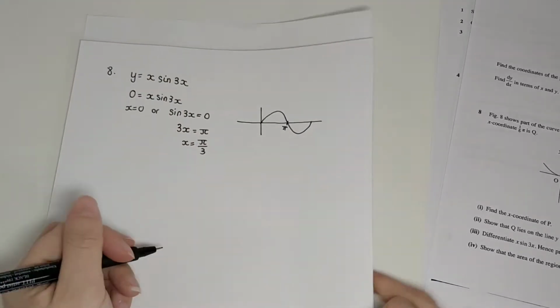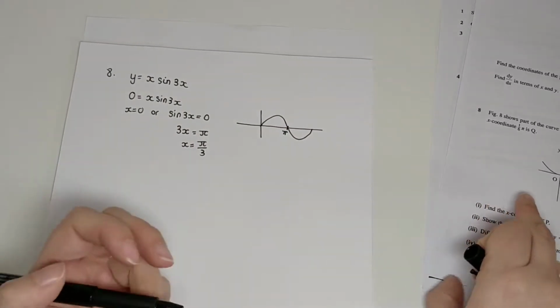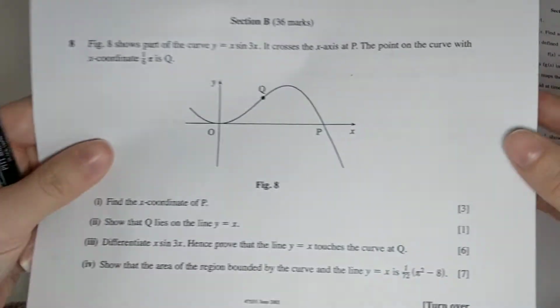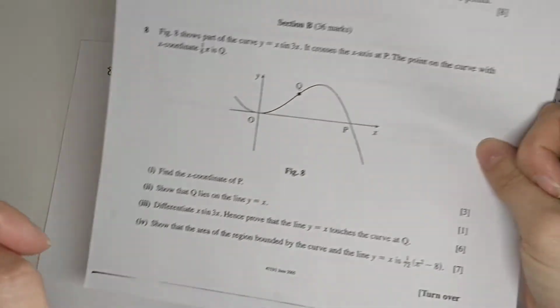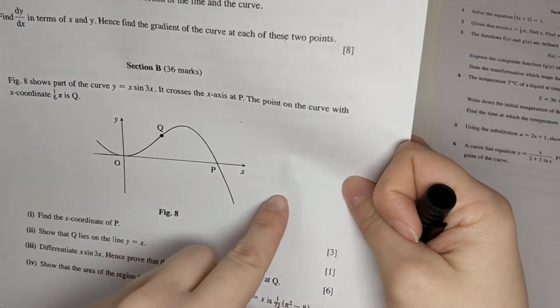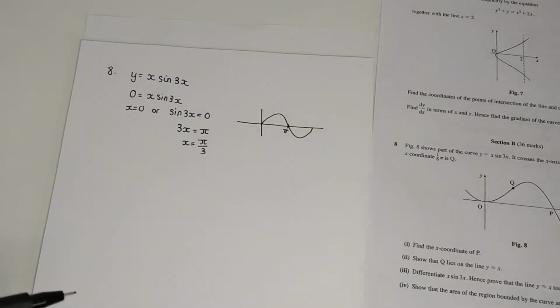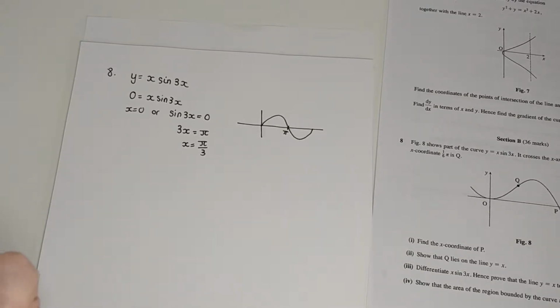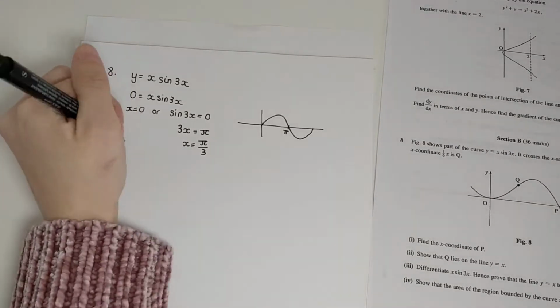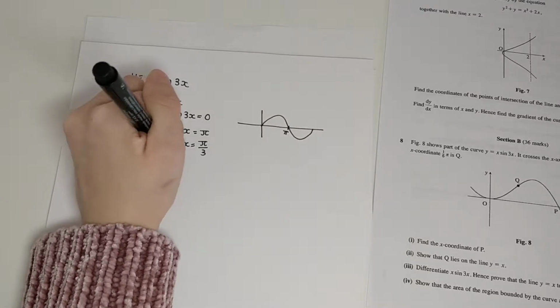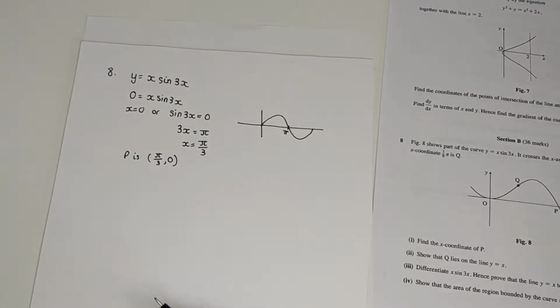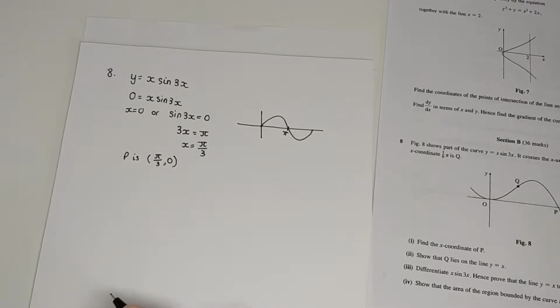There are infinitely many answers, of course, but P is the answer that's after 0, so that's why I'm choosing pi. If this curve kept going, then I'd have other answers as well. So P is pi over 3, 0. Oh, it just said x coordinate, so I don't need to write that.